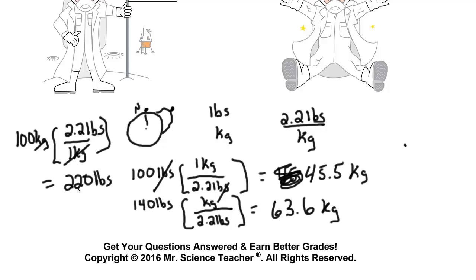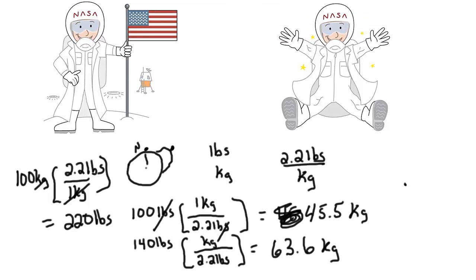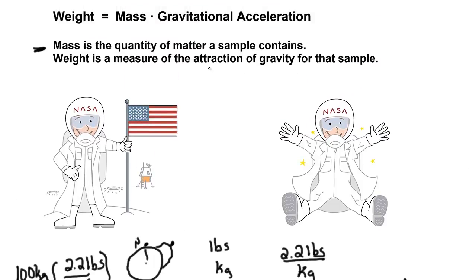So someone that has a weight of 220 pounds has a mass of 100 kilograms. That's how that pound to kilogram conversion works, and it lets us know the difference between weight and mass. Weight is in pounds, mass is in kilograms. Mass will not change. Your weight will change depending on where you are in the universe.